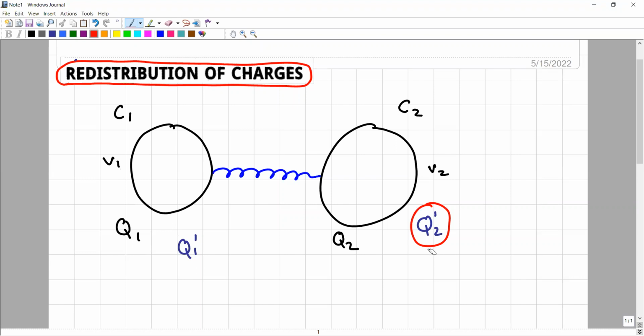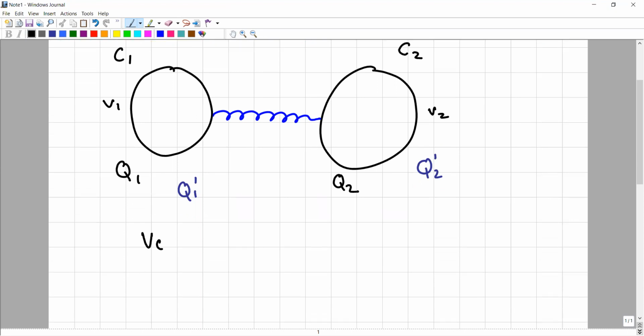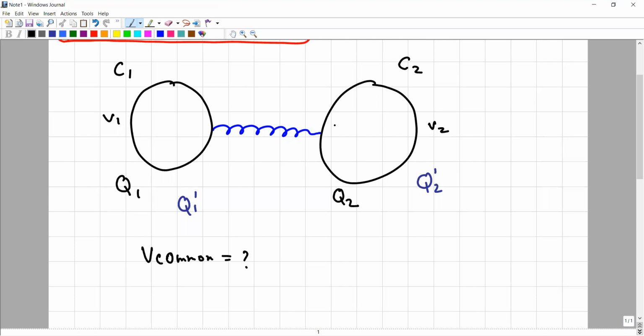Now to calculate that, we need to calculate first a common potential. Why? What is a common potential? See, these two capacitors were initially isolated and separated, so they had individual voltage and individual potential. But now, because they are a part of the same system, eventually they are going to have some potential, which is the common potential.